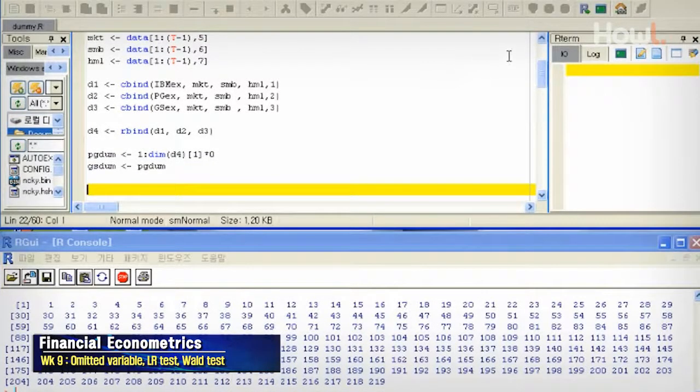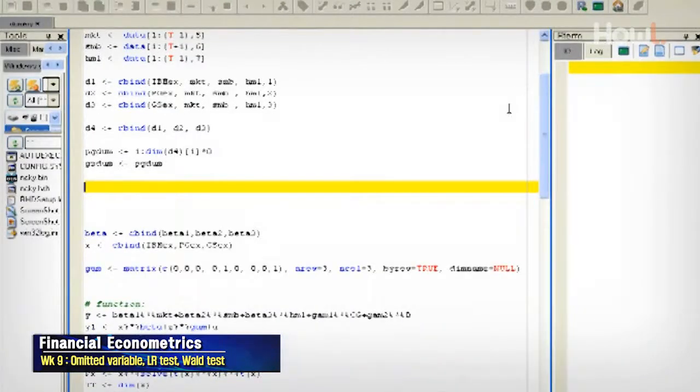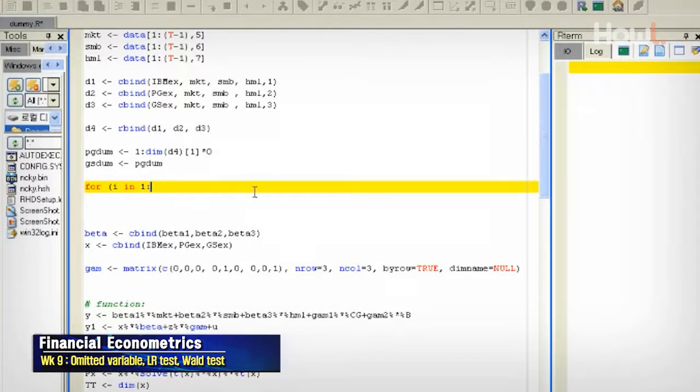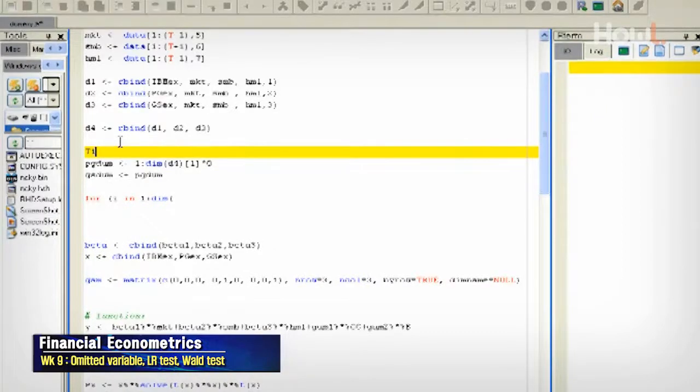Next. So now for, actually let me create another variable. So N equals the total number of observations.